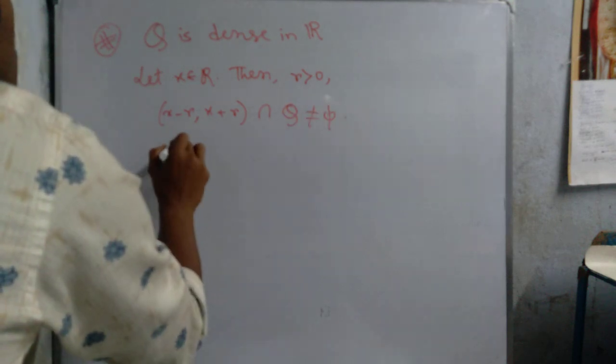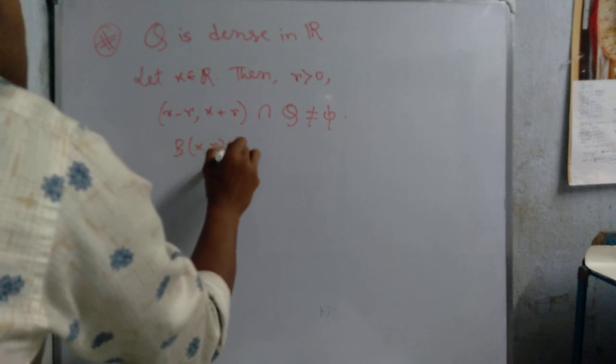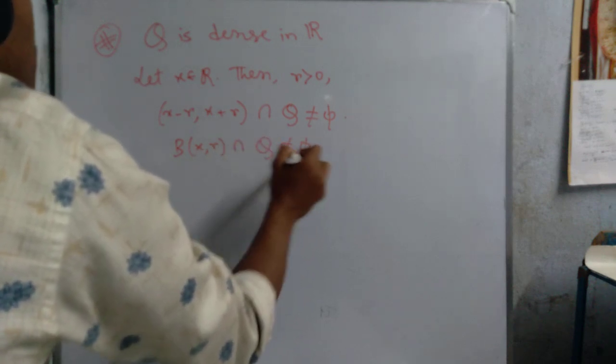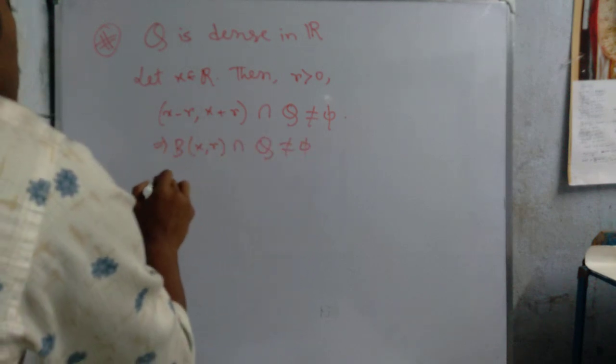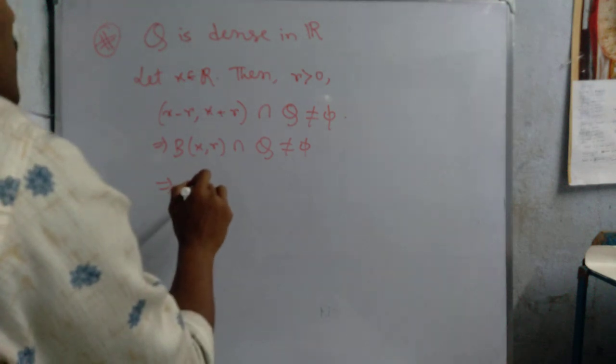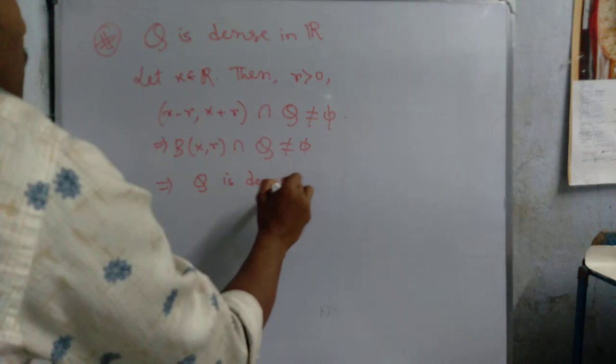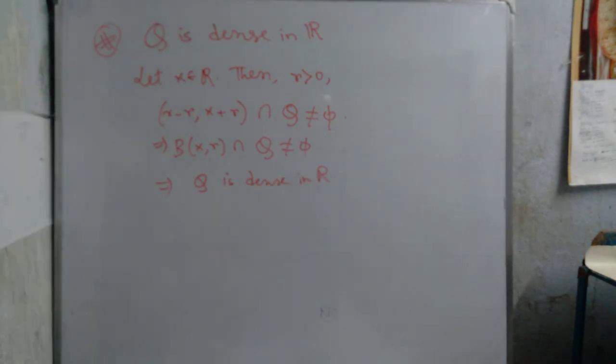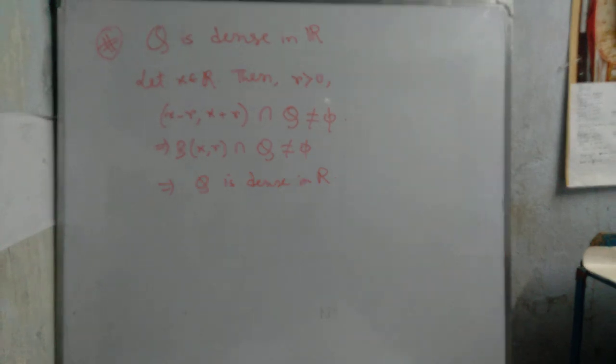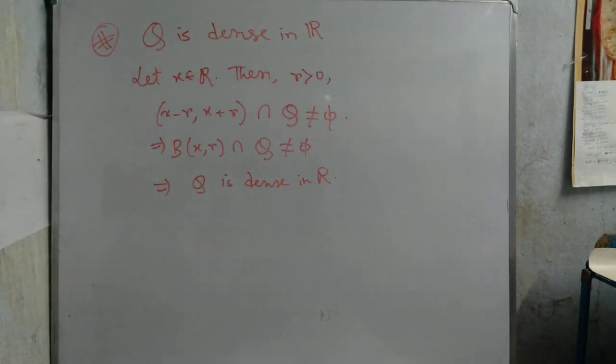So B(x, r) intersection Q is not equal to phi. Yes or no? Yes. So this implies Q is dense in R. Understand? I think this is clear.